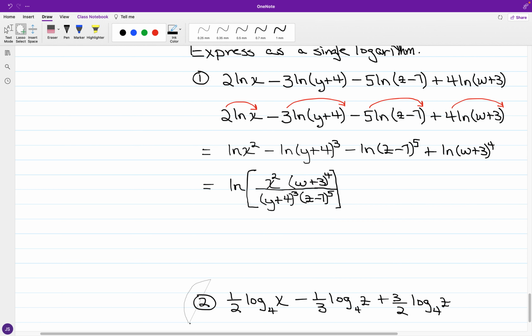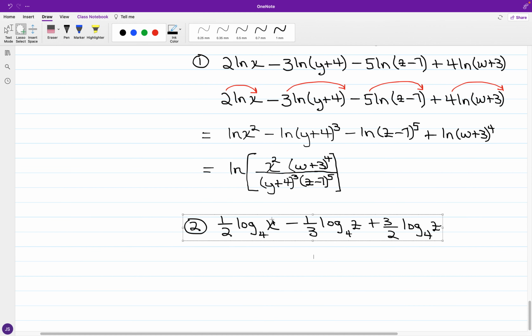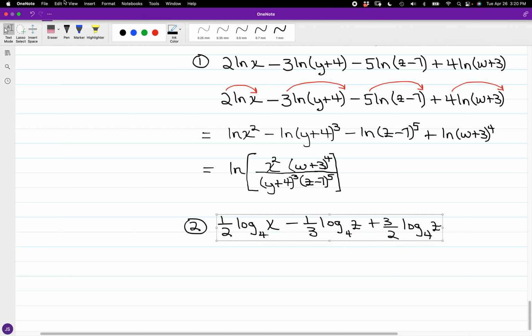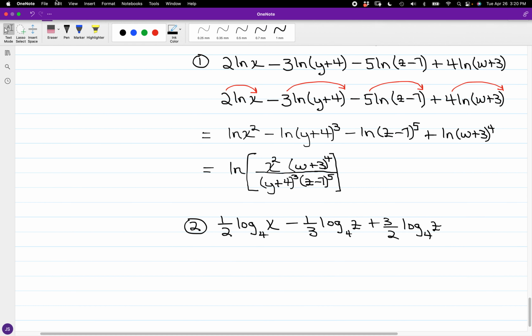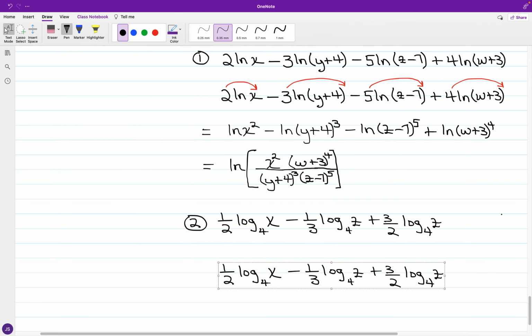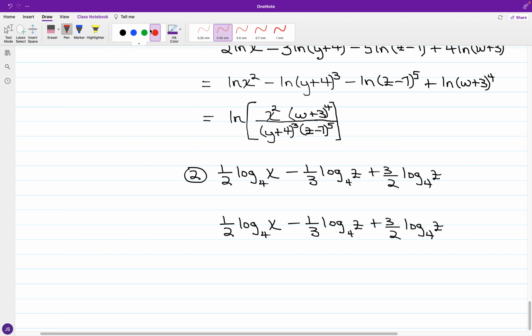Now for the base 4 logarithms, the final result you can express in different ways. Again we have fractions for coefficients, 1/2 and 1/3 and 3/2, which we can make into exponents.